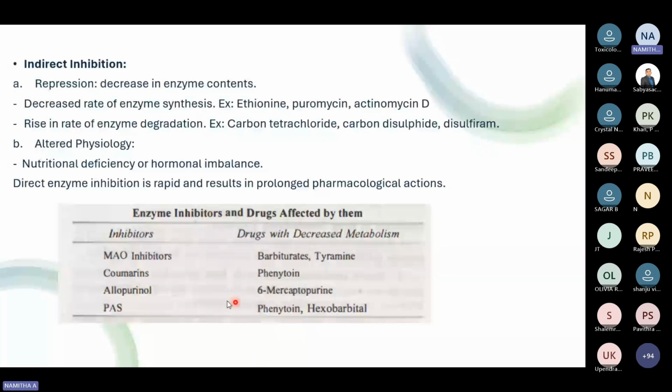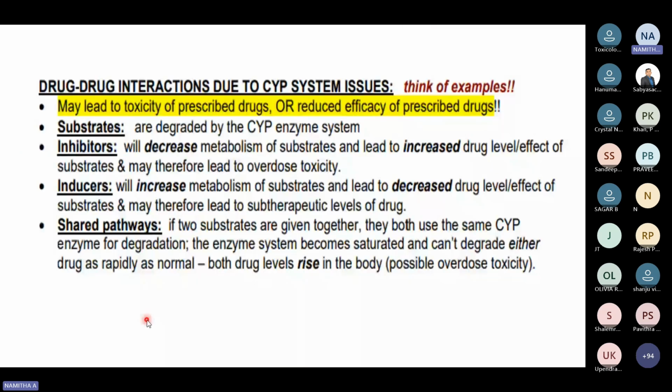Coming to drug-drug interaction, when we take two different drugs together, this may lead to toxicity of a prescribed drug or reduced activity of a prescribed drug. Let's see what a substrate is. Substrates are degraded by the CYP enzyme system. Inhibitors decrease the metabolism of the substrate and lead to increased drug level or effect of the substrate, and may therefore lead to overdose toxicity.